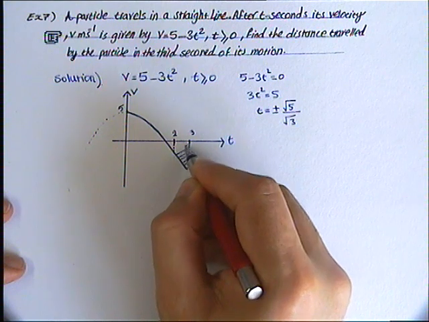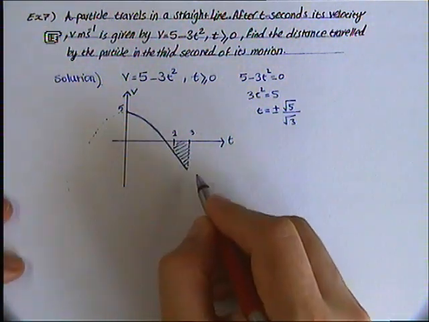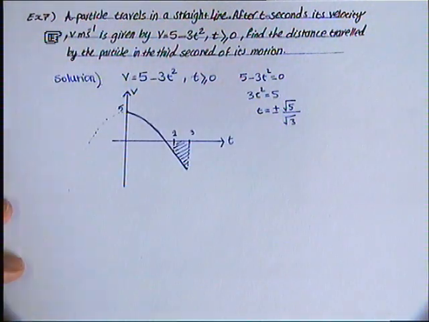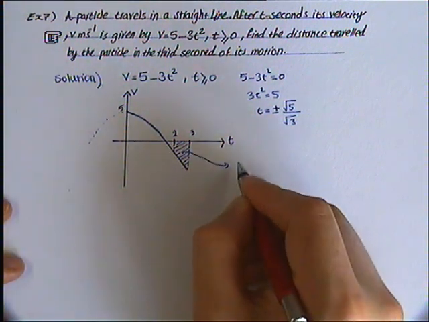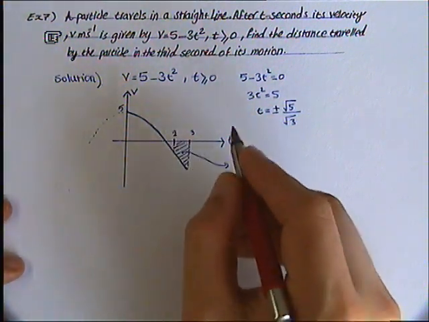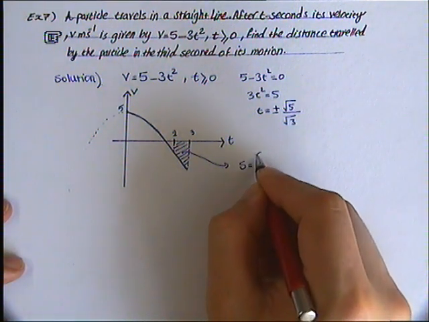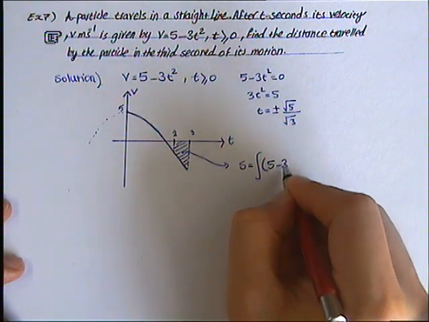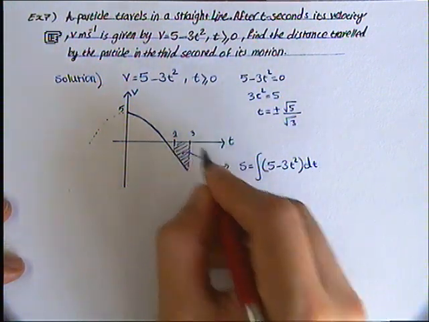To work out this area, this is the formula for velocity, v equals 5 minus 3t squared. So s equals the integration of 5 minus 3t squared with respect to t from 2 to 3.